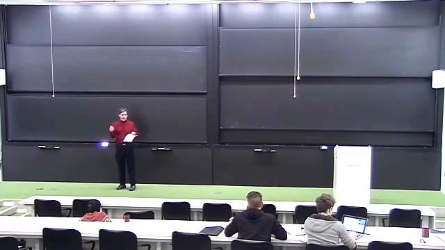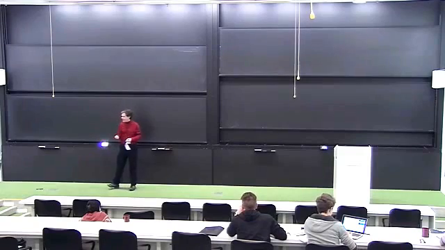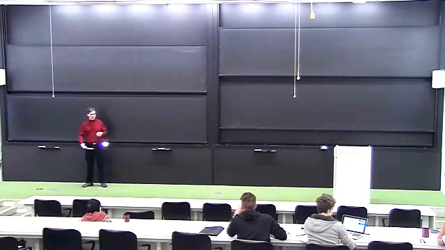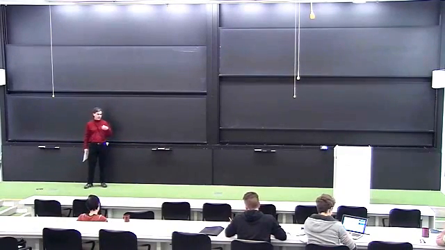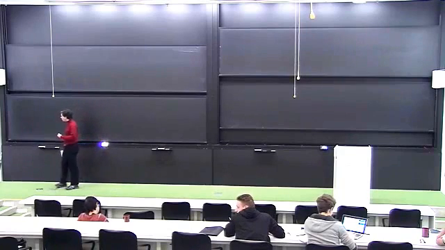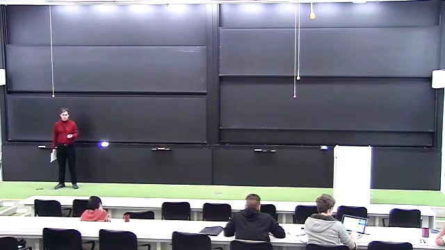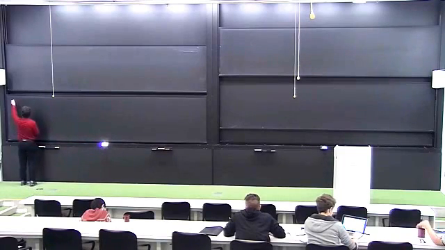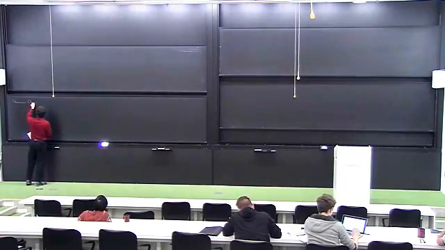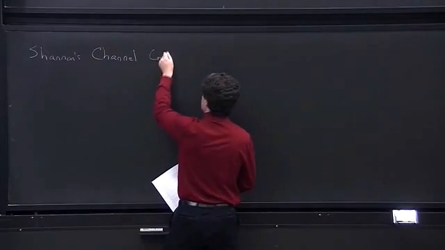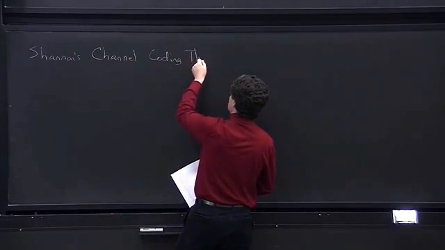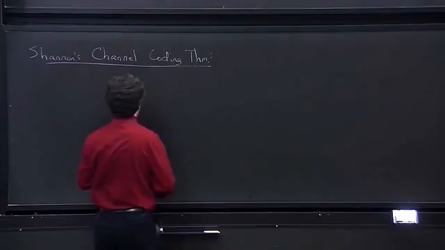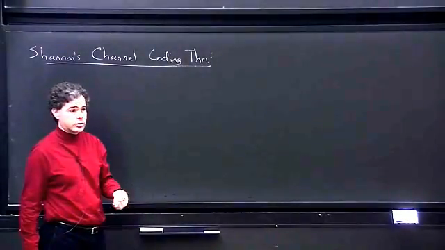Obviously, people had information before then, but they didn't know as rigorously how to talk about it and how to quantify it. He had two main theorems, and one of them was the source coding theorem that said how well you could do at compression. And the other is the channel coding theorem, which says how well you can do basically at error correction.